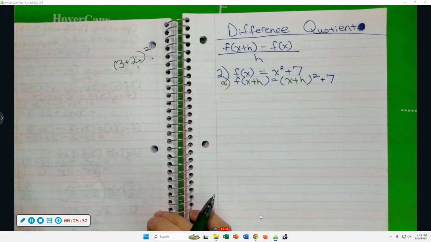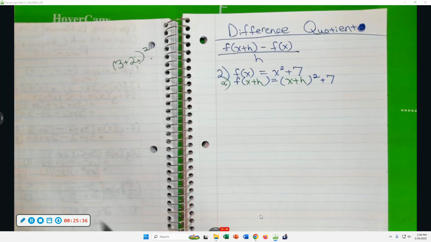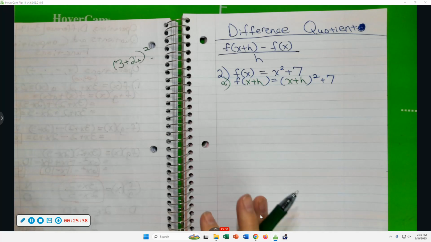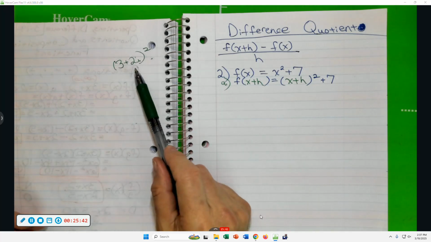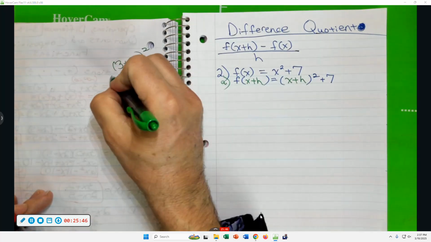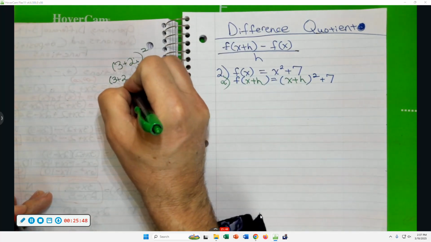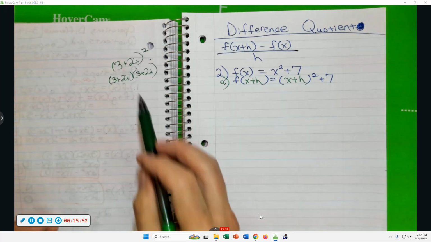And what did we do to square a sum? I'll give you a hint. We had just finished foiling when they gave us this problem. So what did we do? We wrote it twice: 3 plus 2i times 3 plus 2i. Don't write that down, okay? But do y'all remember doing that?